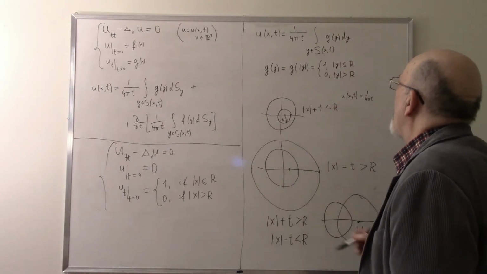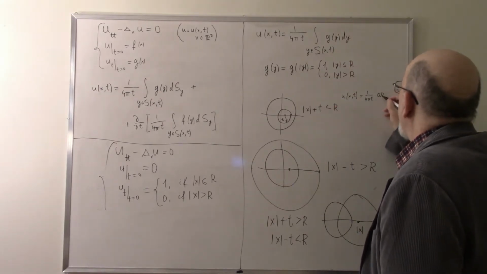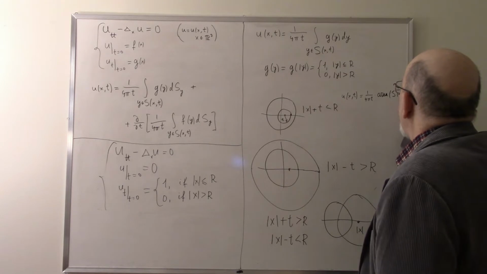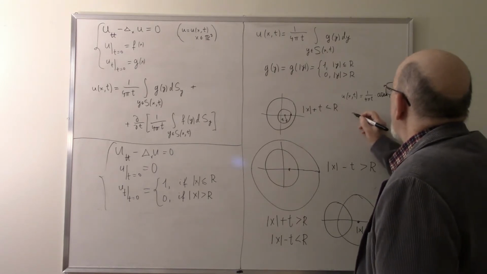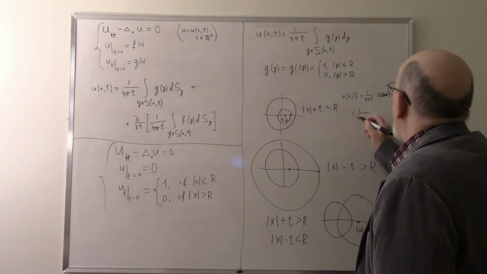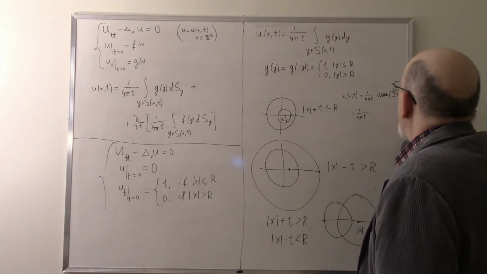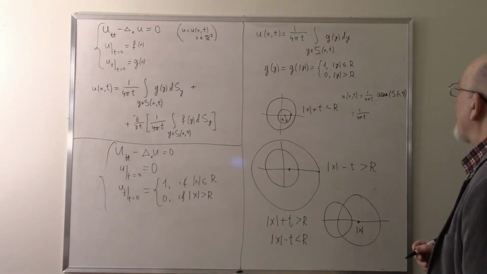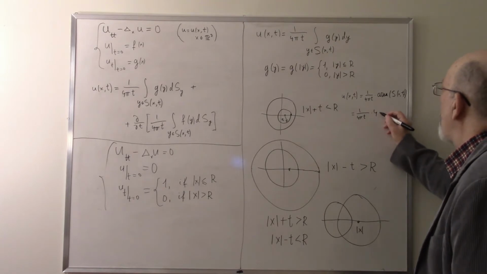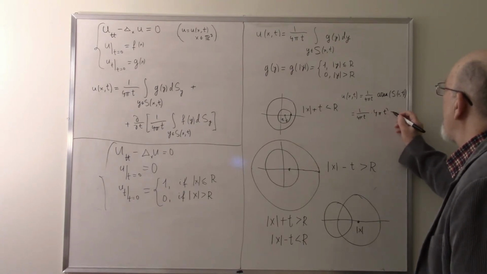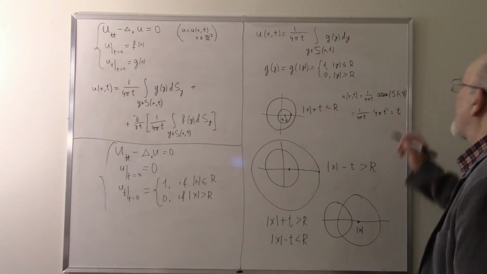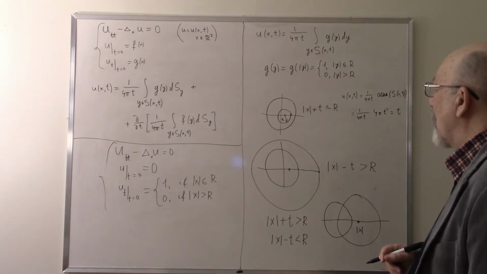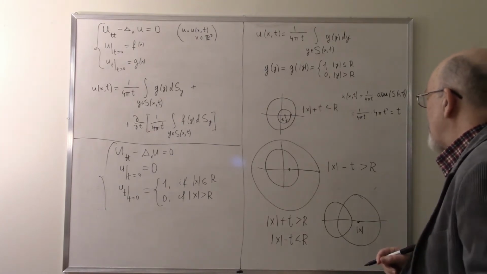So it is the area of S with center x and radius t, equals 1 over 4 pi t times, since the area of the sphere of radius t is 4 pi t squared, just t. It is one situation.